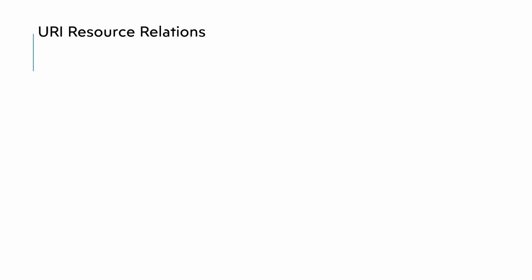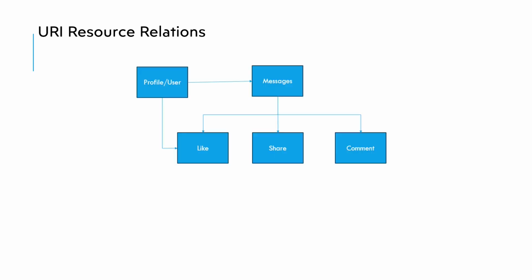But now for the various entities in RESTful, suppose in your application you have a message ID, you have comments, you have likes, right? How are they linked? How can you define the relationships between the URI resources? For example, I will take the same scenario.